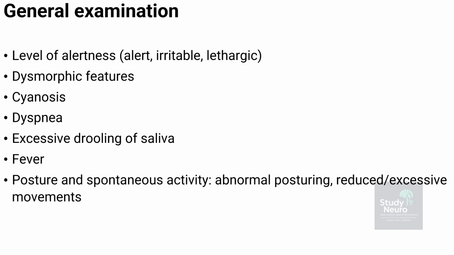The presence of fever should prompt consideration of infection, including systemic infection or shunt-related complications if a device is present. Finally, the patient's posture and spontaneous activity are observed, noting any abnormal posturing or reduced movements, which may indicate underlying neurological dysfunction and help establish a baseline for subsequent neurological assessment.